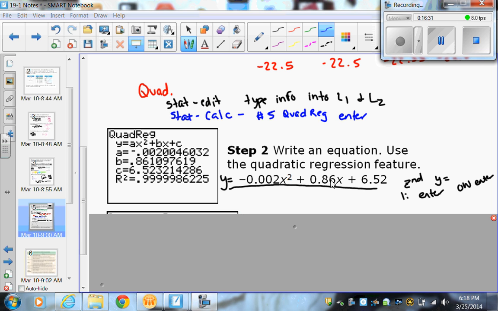Once you have your quadratic regression equation typed into y equals, the next thing you're going to do so that you can see the whole thing with the equation is hit zoom and scroll down to where it says zoom stat.